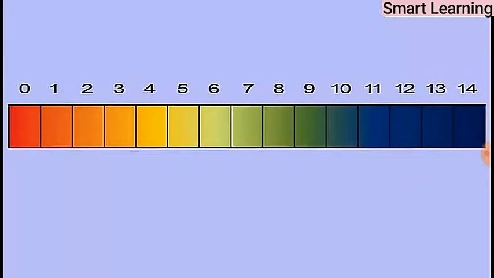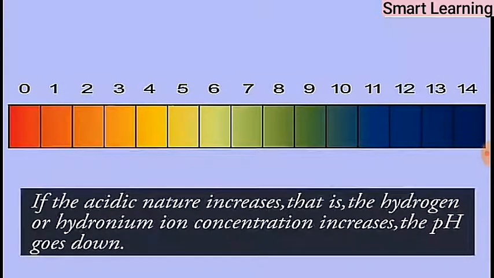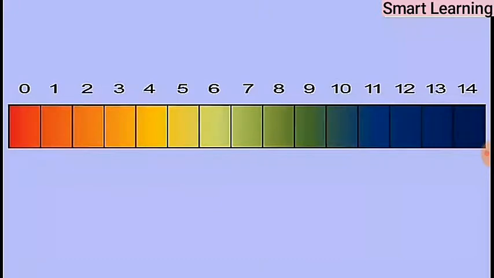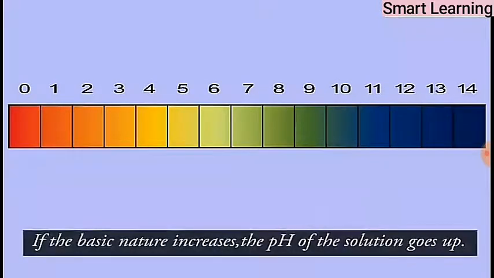If the acidic nature increases, that is, the hydrogen or hydronium ion concentration increases, the pH goes down. On the other hand, if the basic nature increases, the pH of the solution goes up.